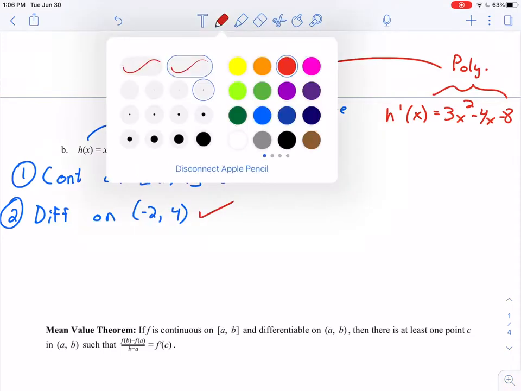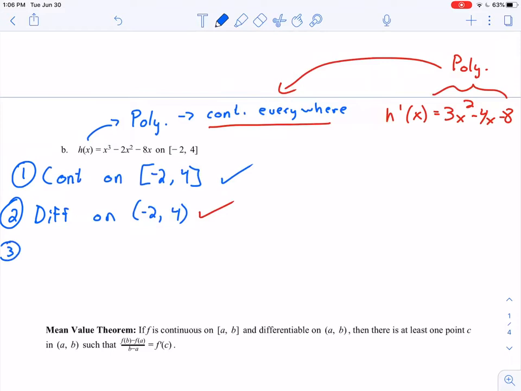Last part that we need to check here: is it the case that h of -2 equals h of 4? Because I need the endpoints to be equal in order for this theorem to hold. So here I need h of -2. This will be -2 to the third power minus 2 times -2 squared minus 8 times -2.